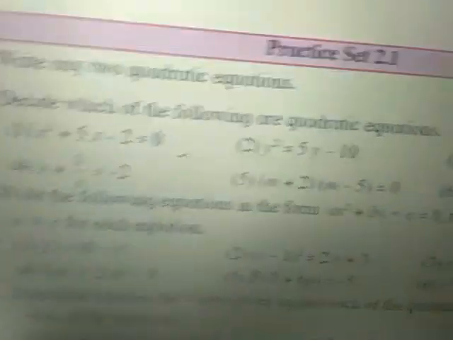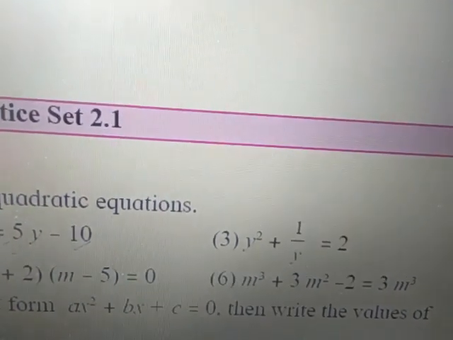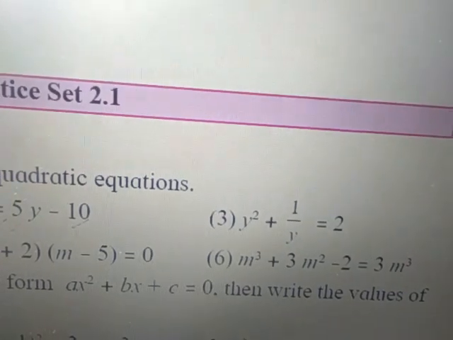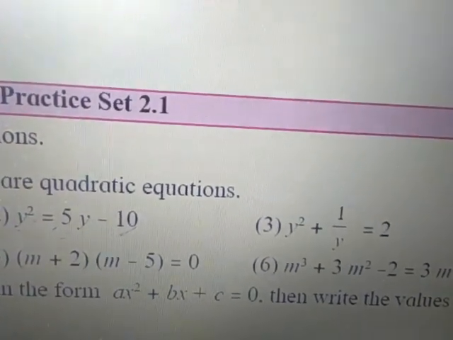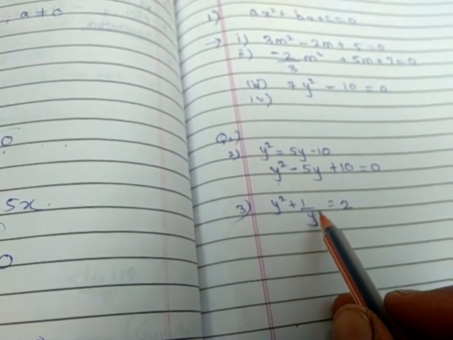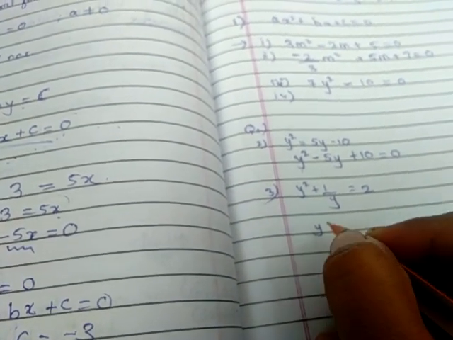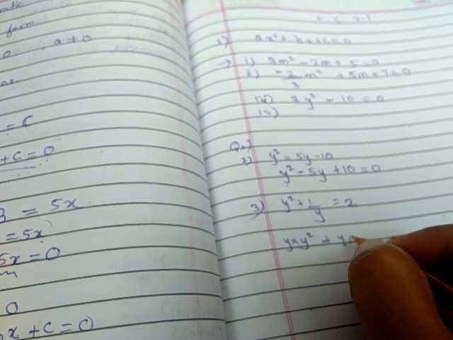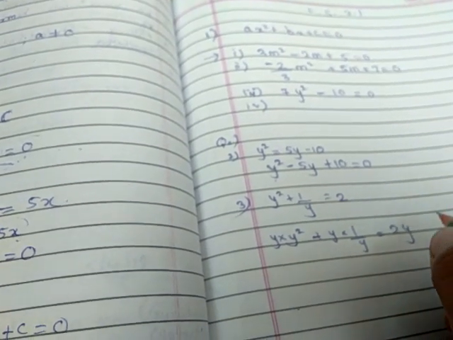What is the third? Third one is y square plus 1 upon y is equal to 2. First we will write it in the index form. We will check whether it is a quadratic equation or not. Here y is in the denominator. We have to multiply this equation by y. First multiply, it becomes y square into y plus y into 1 upon y is equal to 2 into y, that is 2y.